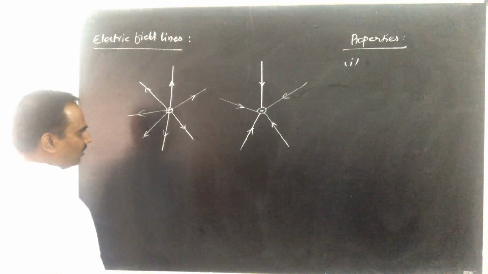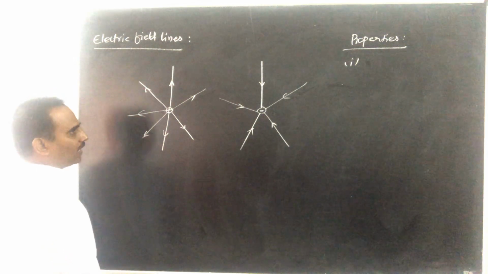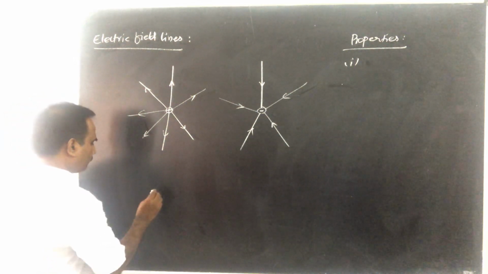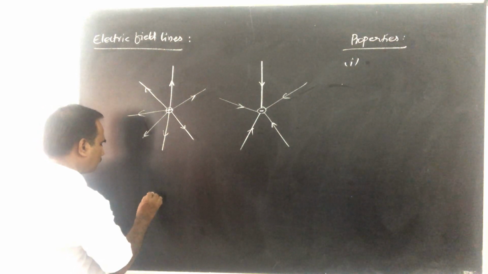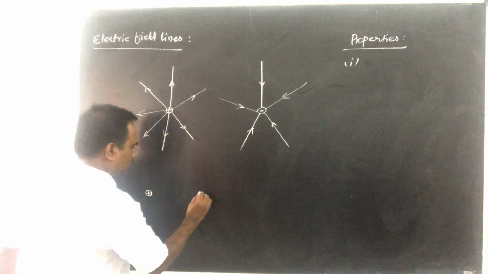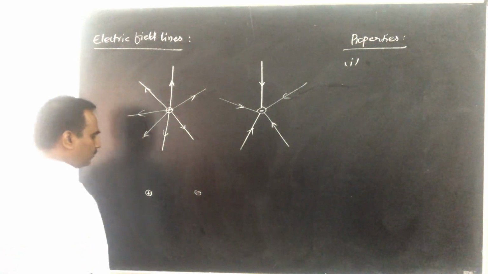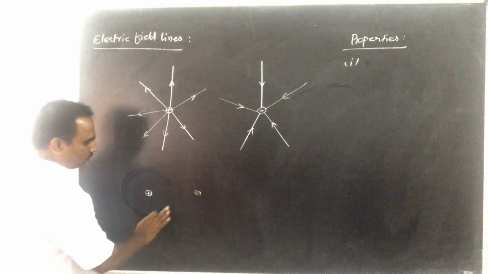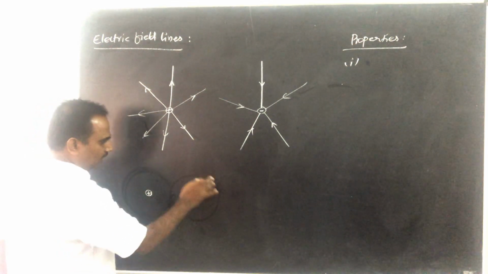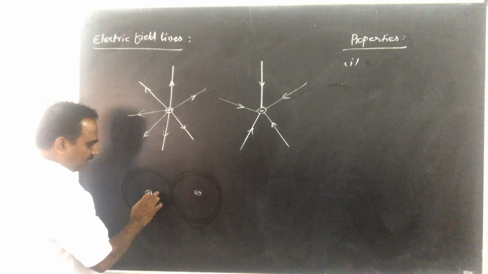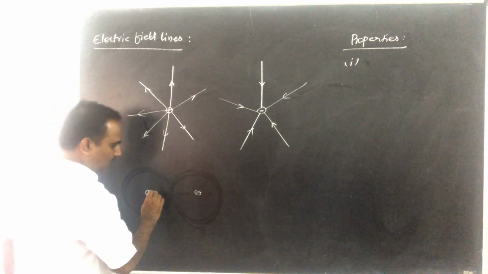Next, if I consider a system of two unlike charges, so this is a positive charge, this is a negative charge. So here there is electric field due to the positive charge as well as the negative charge. So if I keep a unit positive charge somewhere here, it tends to move like this, from positive charge to negative charge.